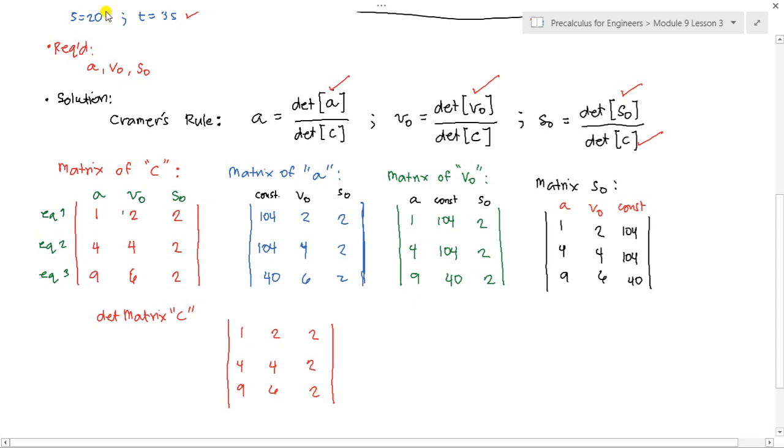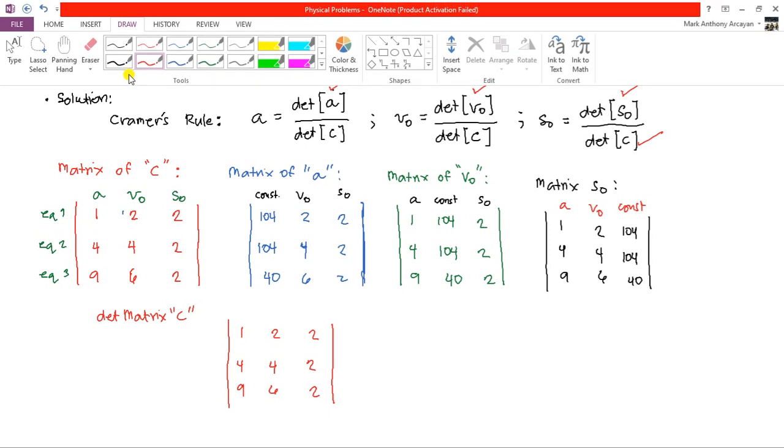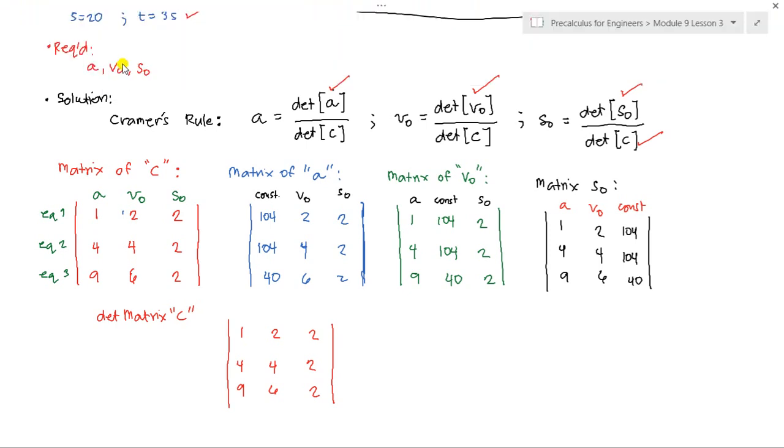Now to solve for its determinant, class, don't worry, maka-review mo ani sa akong video for that lesson, kay focus gyud siya sa solving for the determinants. So here, in order to solve for its determinant, follow this arrow.